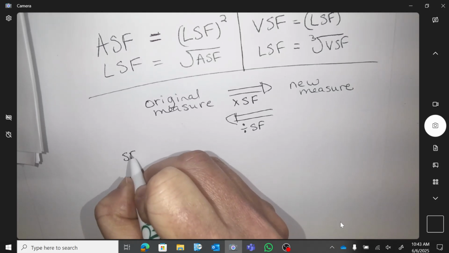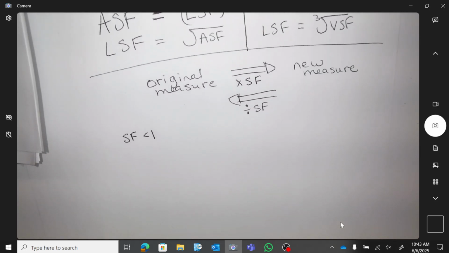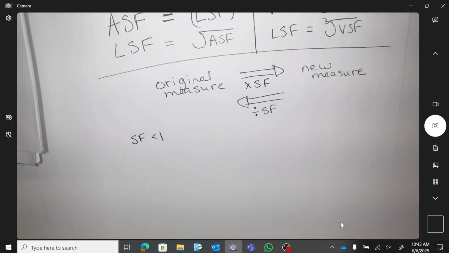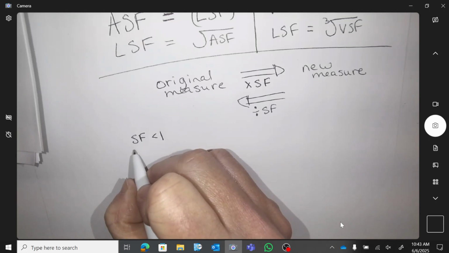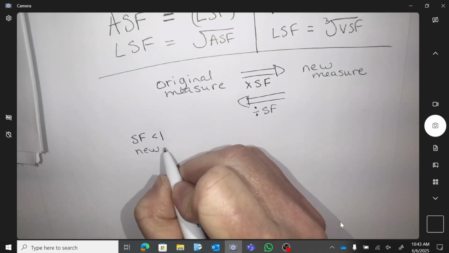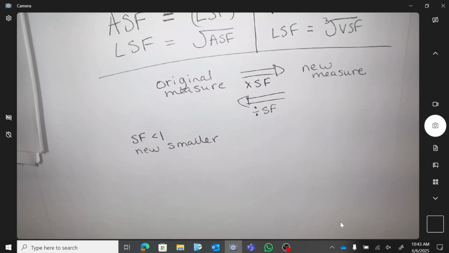If your scale factor is less than 1, like a small number, like a half, what is that showing me? Your new one would be smaller, right? If there's a scale factor that's less than 1, it means you're ending on an object that is smaller.